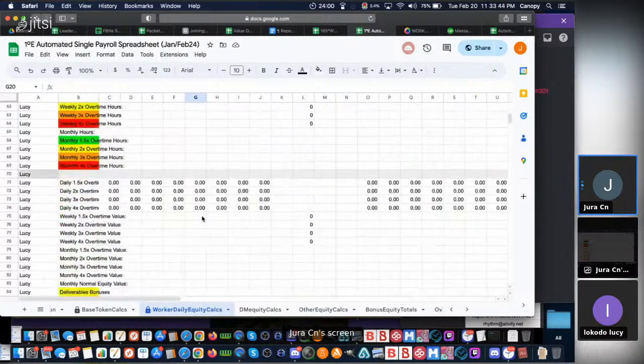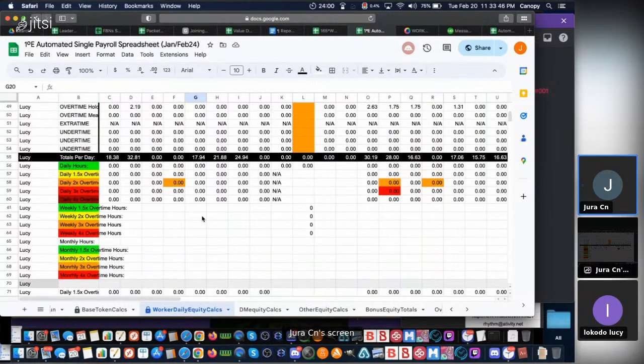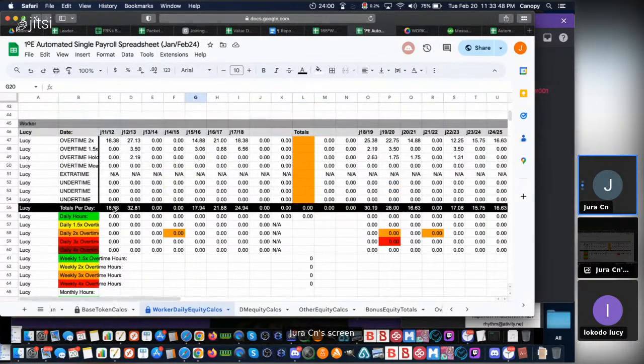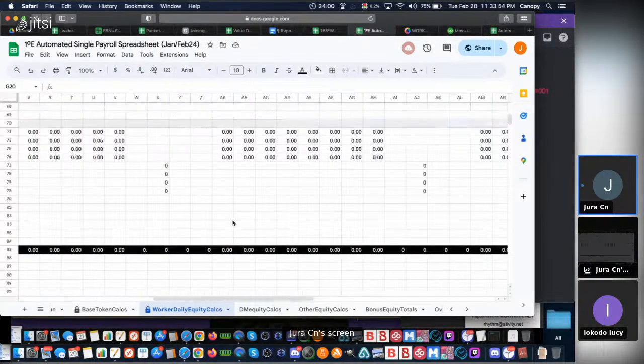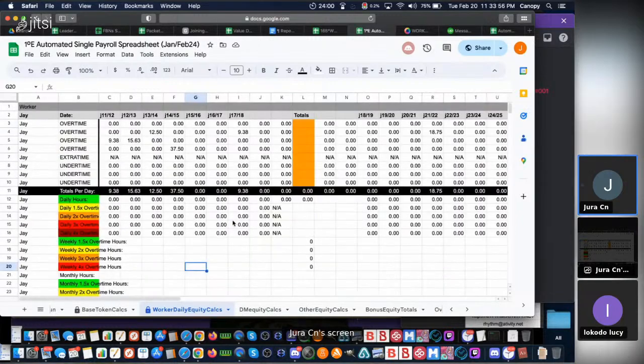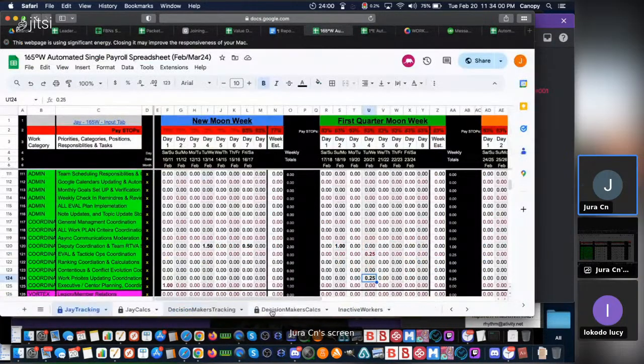If we look at you here, Lucy, your overall equity calculations are totaled. Wait, this all says 0, 0, 0. This is not correct. Let's think, maybe it's in 165. Let's see. Did I do it here? Bonus, upfront, bonus.